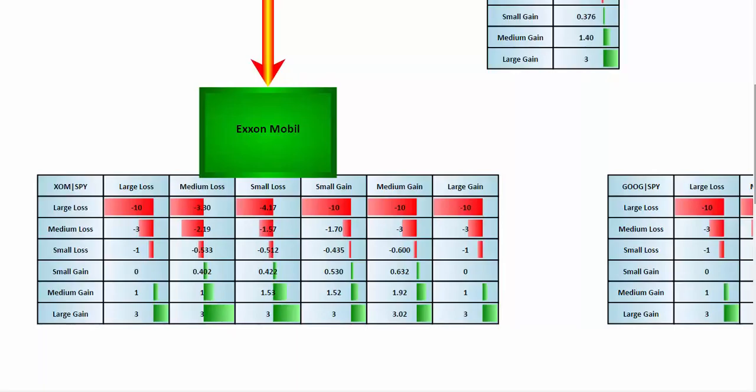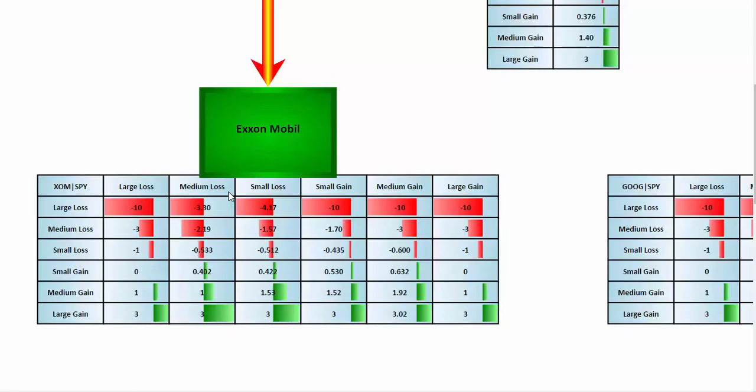This shows the conditional expectations for Exxon. The values are read similarly to the conditional probabilities. For example, given a medium loss in the U.S. market, the expected value of a large loss in Exxon is negative 3.3%.